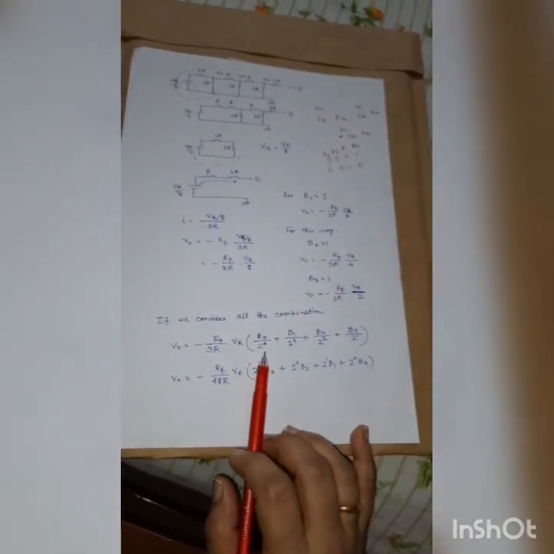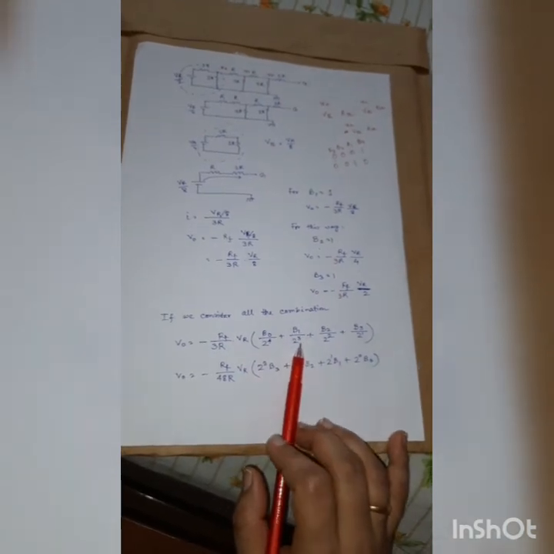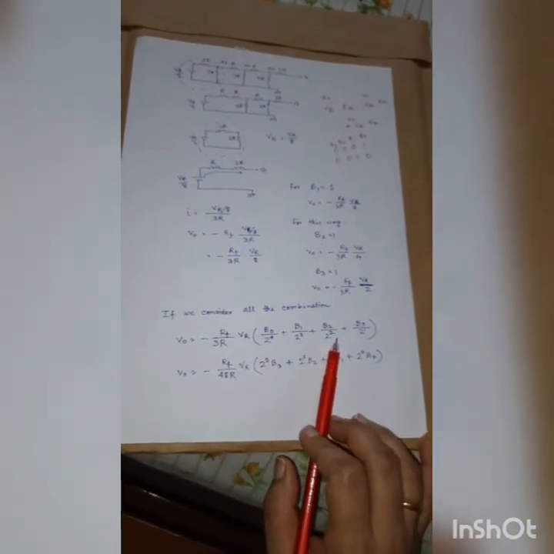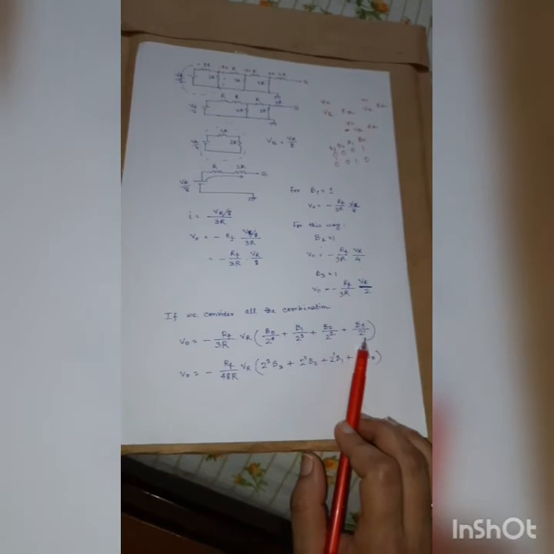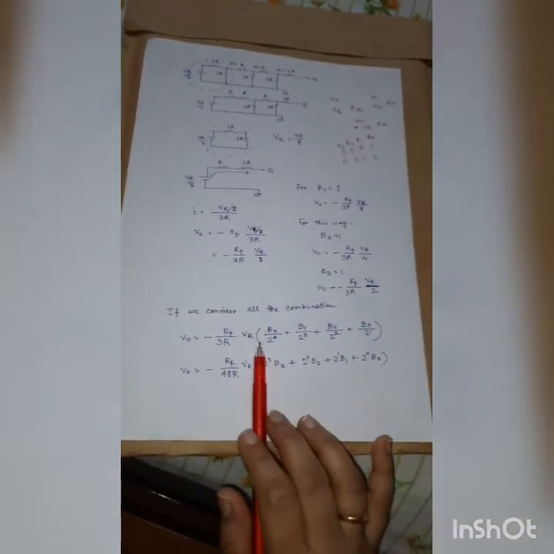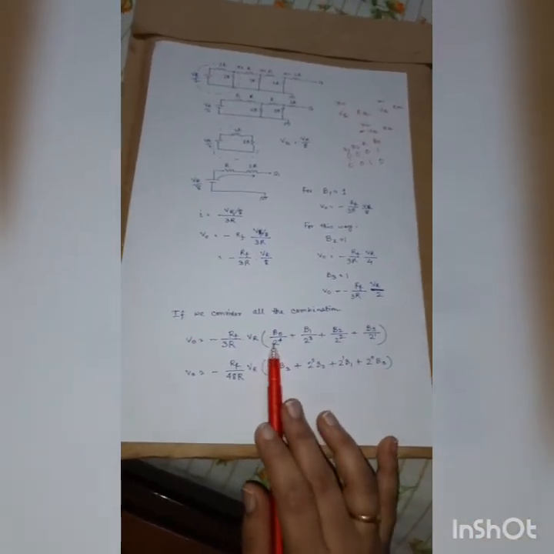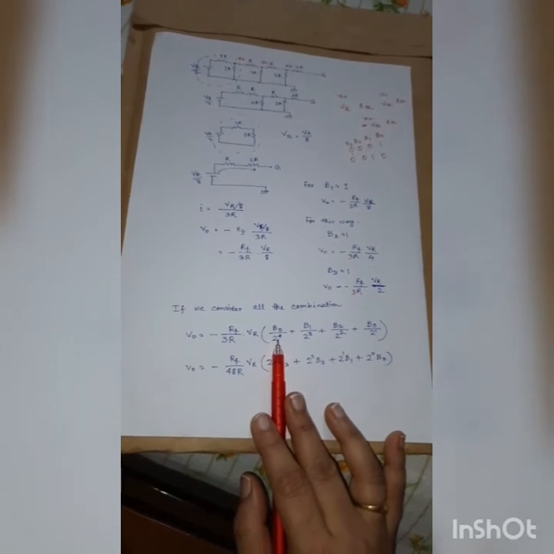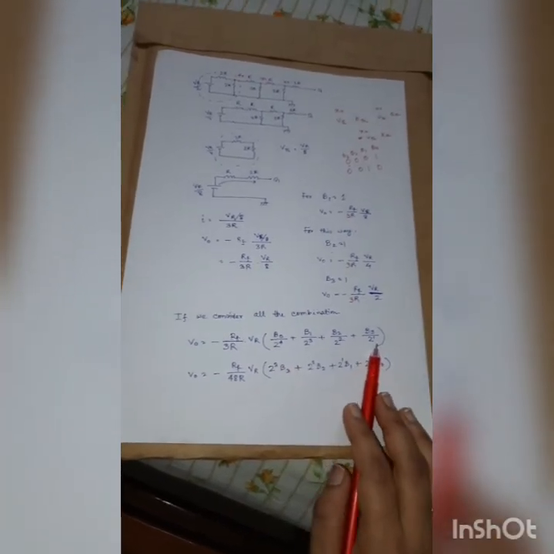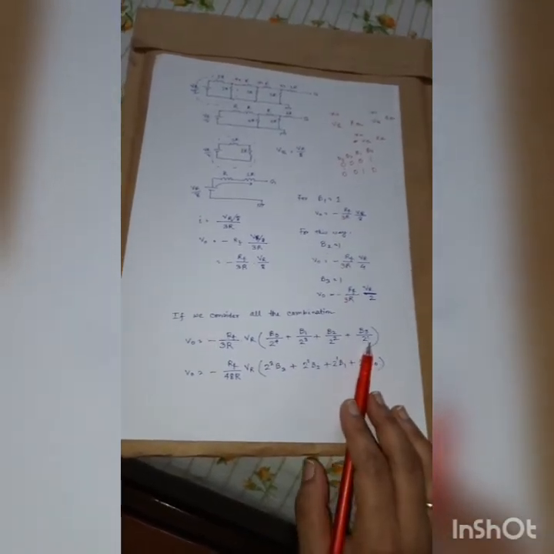So minus RF by 3R, if we take VR as common, B0 by 2 to the power 4 plus B1 by 2 to the power 3 plus B2 by 2 to the power 2 plus B3 by 2 to the power 1. So for B0, the resistance is maximum 2 to the power 4, and for B3 it is only 2.